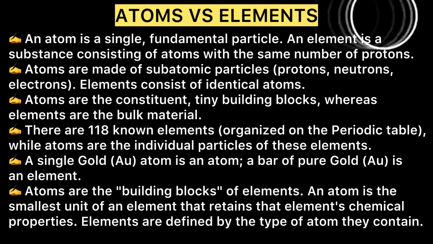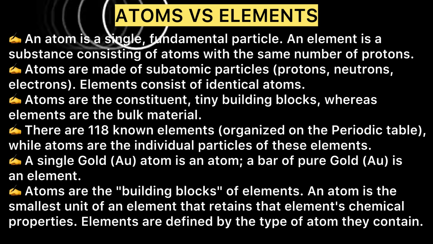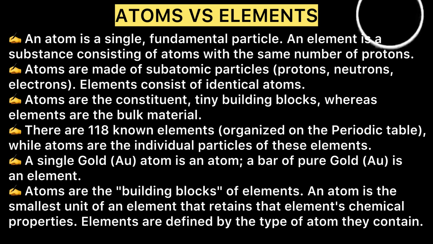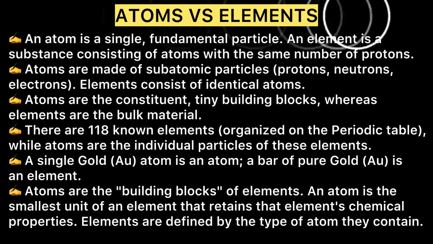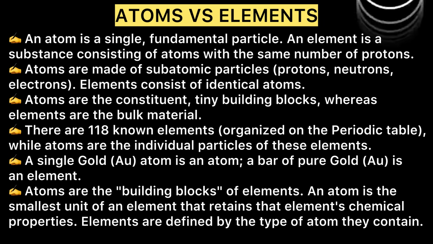So the difference between them is that an atom is just a single fundamental particle, while an element is a substance consisting of atoms with the same number of protons. So an element contains atoms, and all these atoms have the same number of protons.